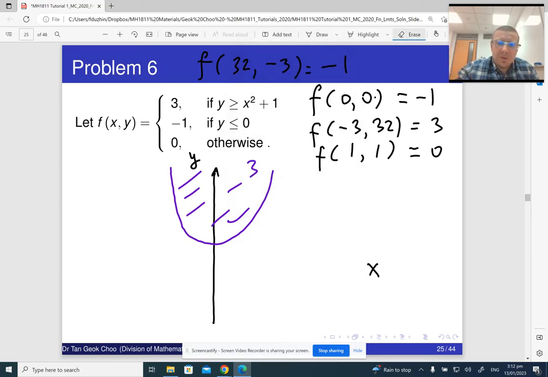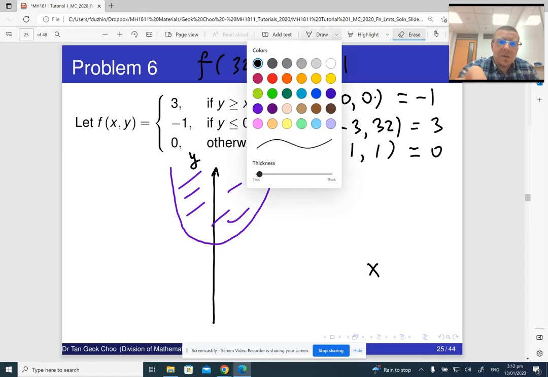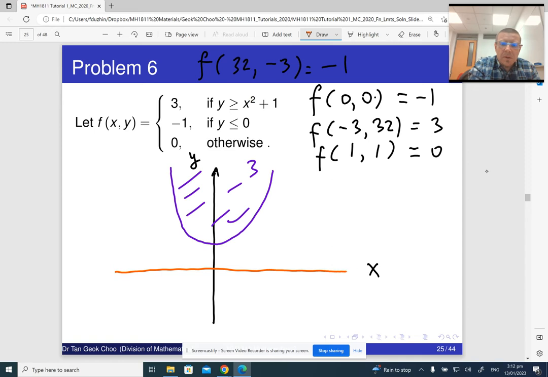So let me erase this, and let me use a different color, right? Along this line and below this line, the value of my function is, sorry, -1.